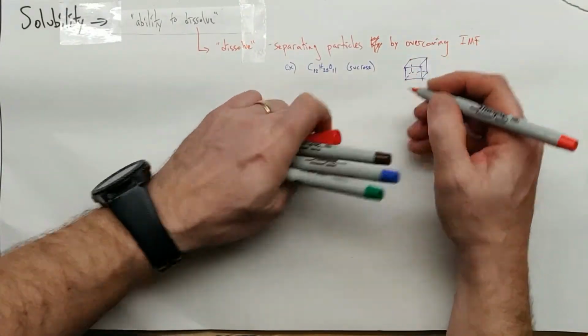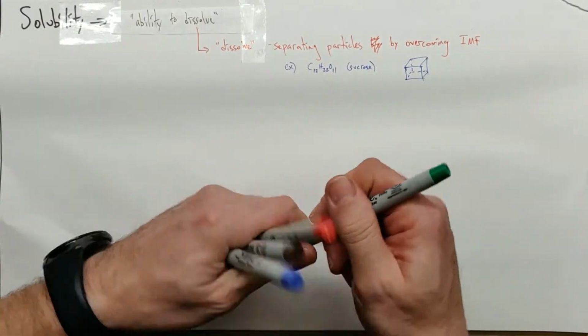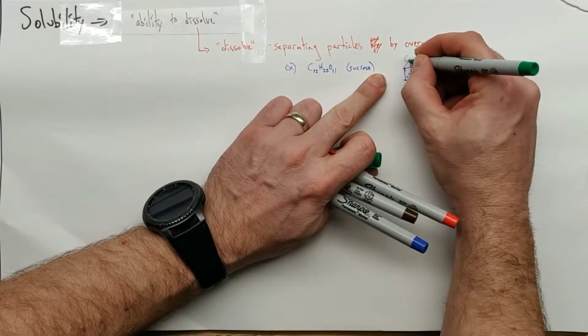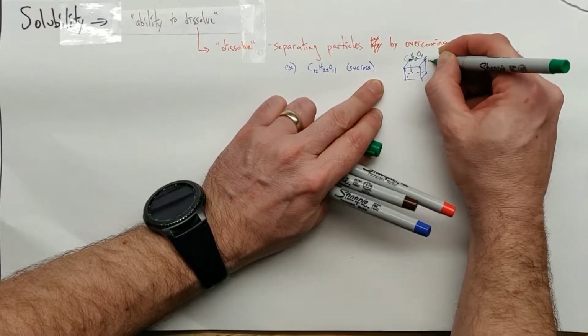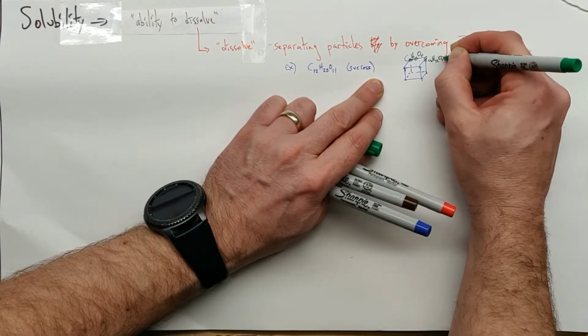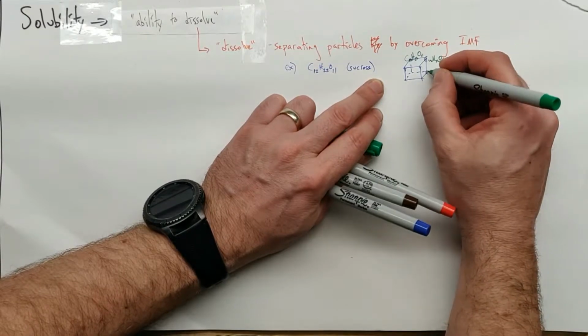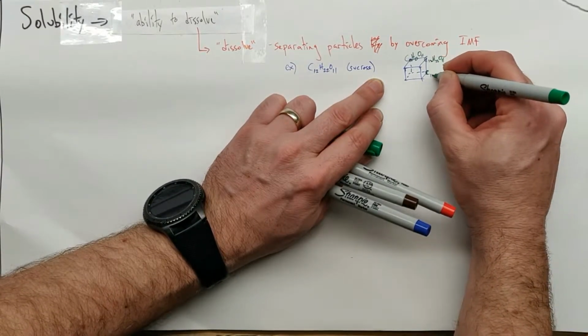And so it's annoying to write this, but I will. C12H22O11. This kind of implies a simple cubic structure, but I'm not implying that, even though it looks like it.